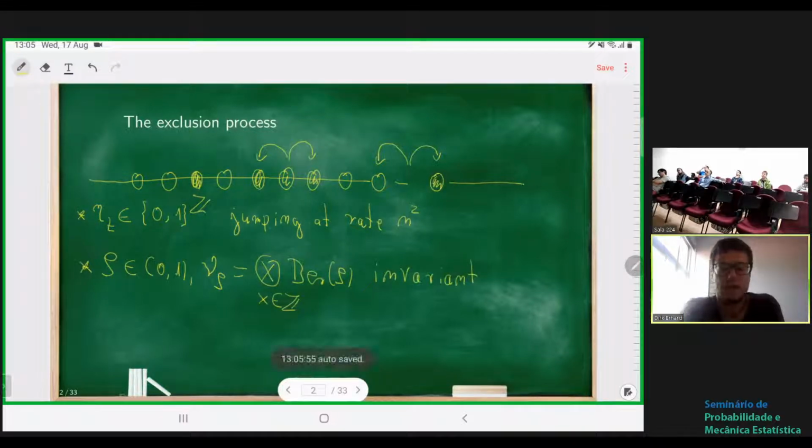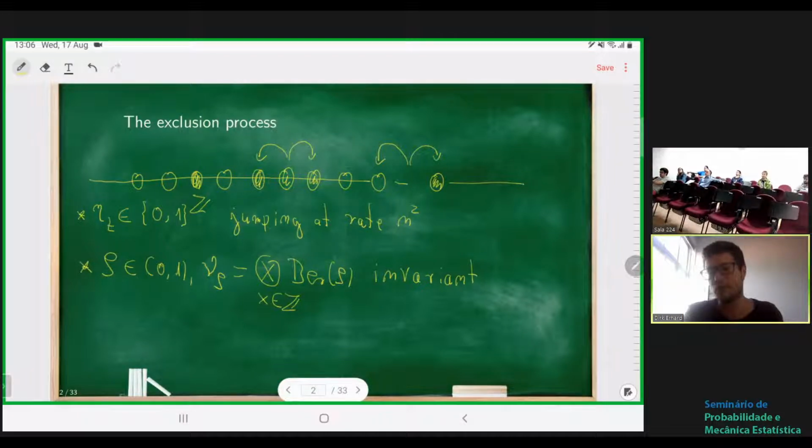Here I excluded rho equal to 0 and rho equal to 1. For these values, the measure is still invariant, but it's not very interesting, because then either you have no particles or everything is stuck with particles and nothing happens. So the interesting invariant measures are really the ones that you see. So this is the exclusion process. For those who see this for the first time, I hope you now have some idea.